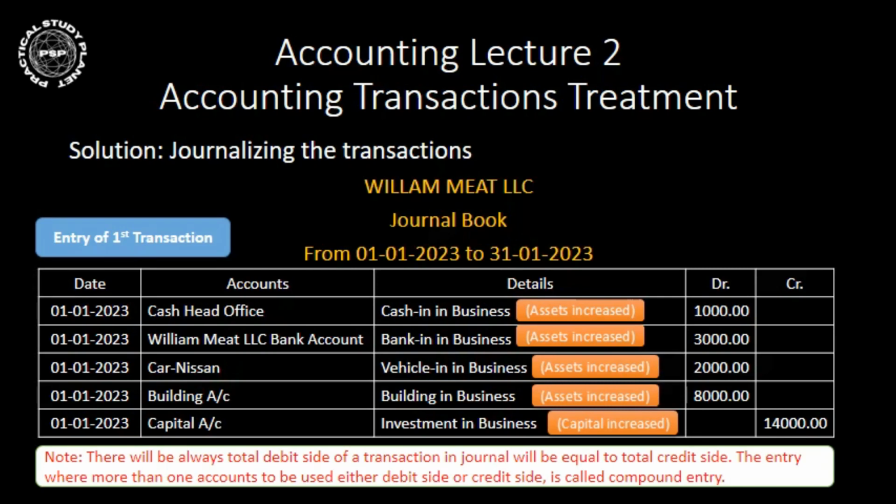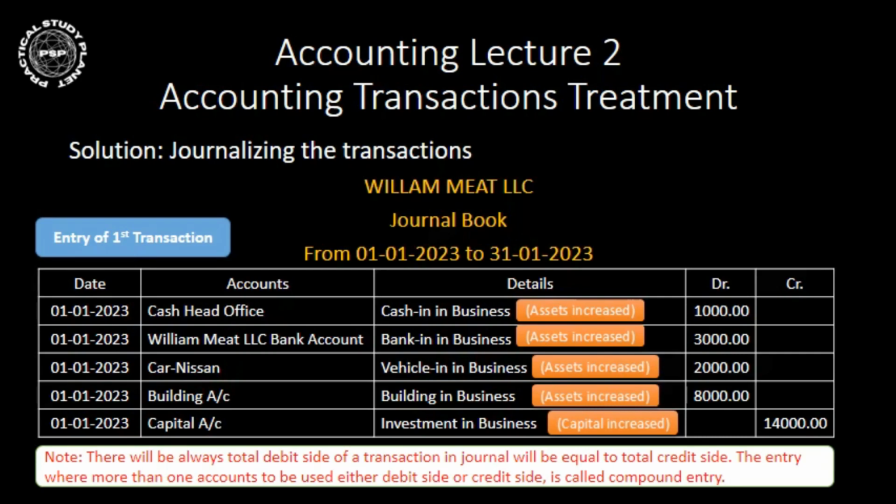The first one, cash head office, the cash in the business, assets increased, so it will be written in the debit column. In the same way, the William Meat LLC bank account has the balance 3000. Because before it was 0 in the business and now it is 3000, the asset increased, so it will be written on the debit side.